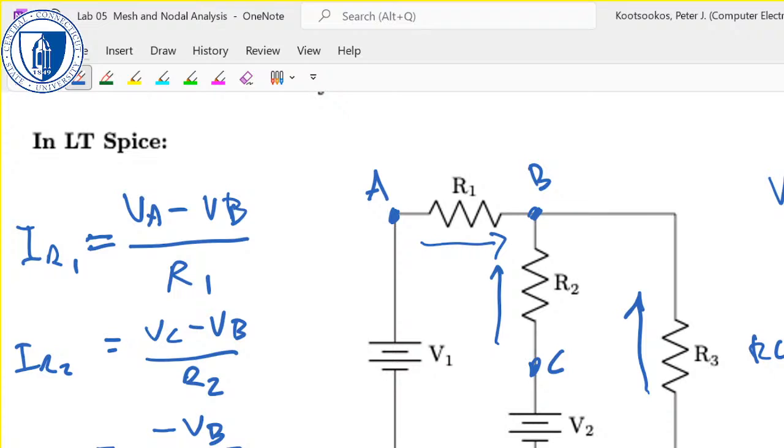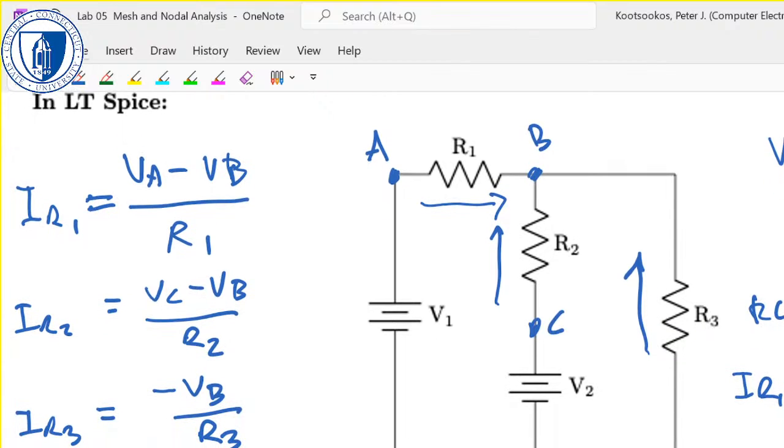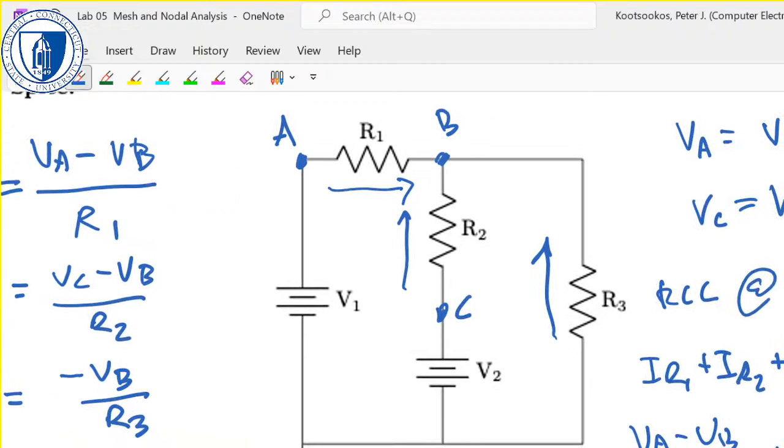So KCL at B, we have IR1 plus IR2 plus IR3 equals 0, and then I can just say VA minus VB on R1 plus VC minus VB on R2 minus VB on R3 equals 0.